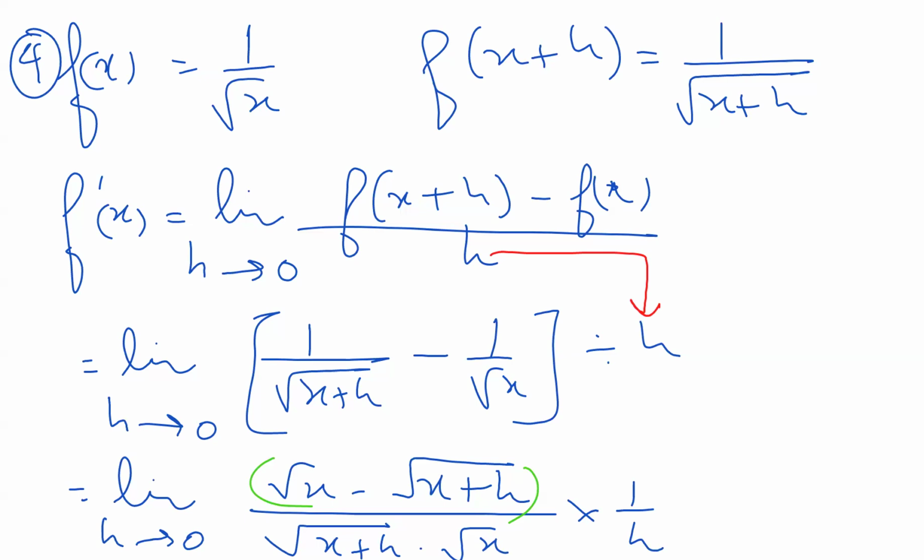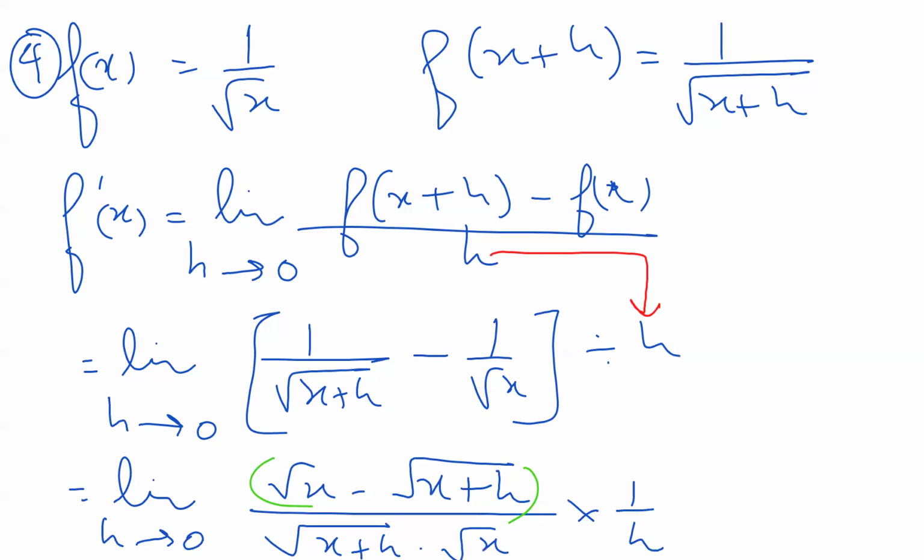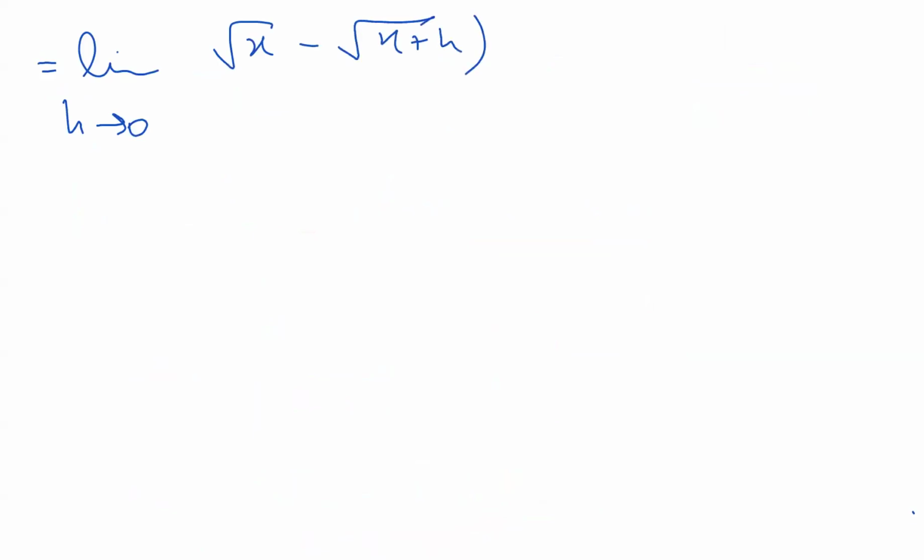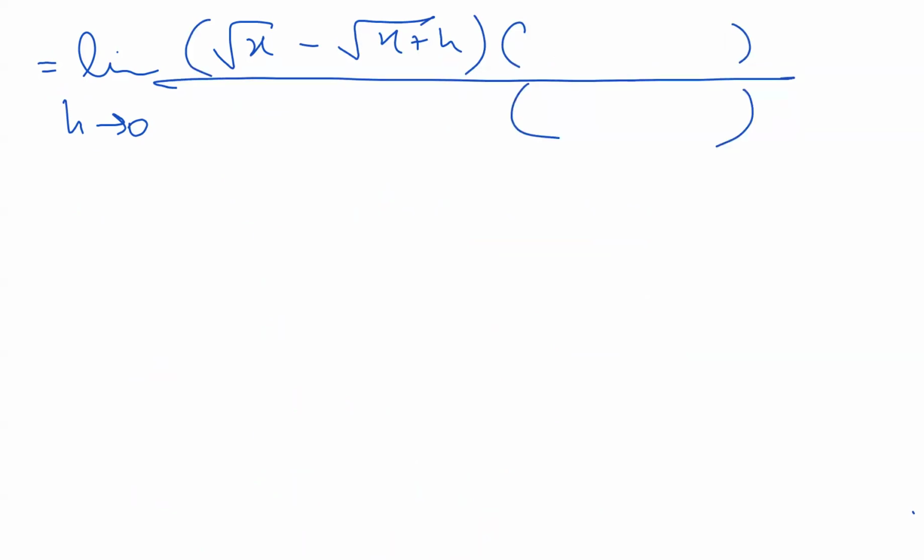It's in the numerator, so we'll rationalize the numerator. So this can be written as limit h approaching 0, root x minus root x plus h. So just rationalize this.